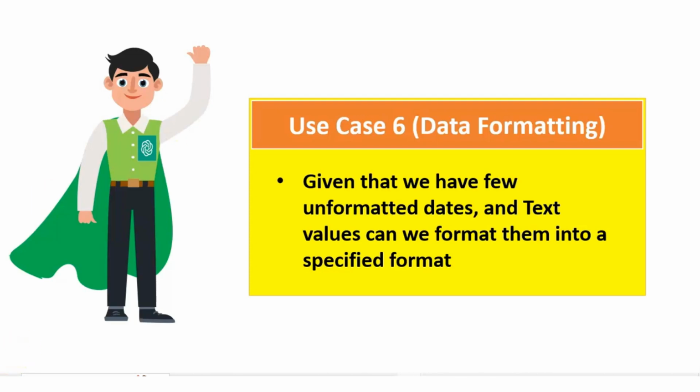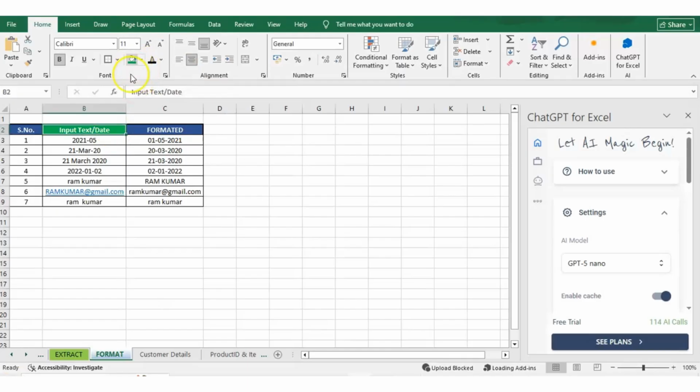Moving to our Excel, the column B contains the input text or dates which are to be formatted as per specific or given format. Starting with the first input value, which is a date in the format YYYY-MM.